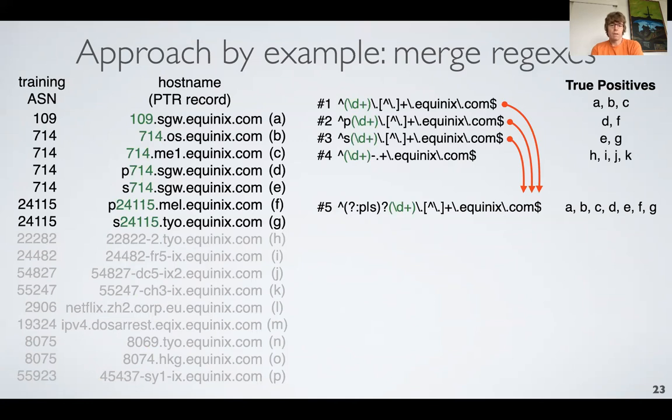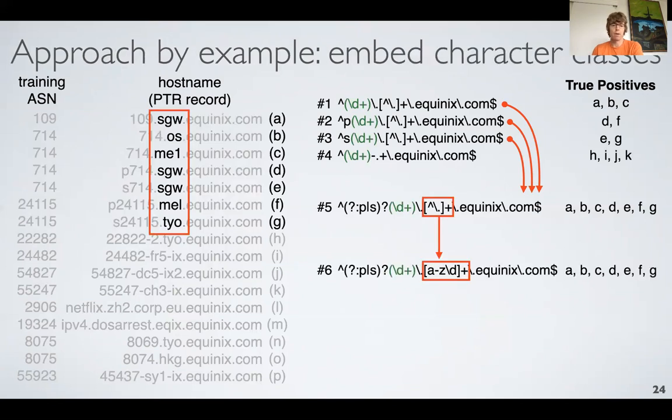In this case, we can see that regular expressions 1, 2, and 3 are nearly identical. It's just that 2 and 3 include the letters P and S. So we embed in a new regular expression the literal characters that differ between the two regular expressions, to build a regular expression that matches more host names but is structurally equivalent to, in this case, regular expressions 1, 2, and 3.